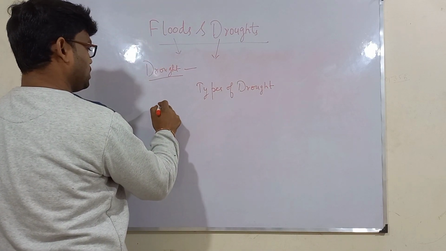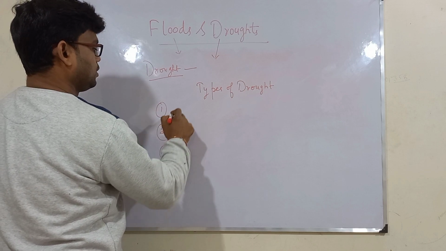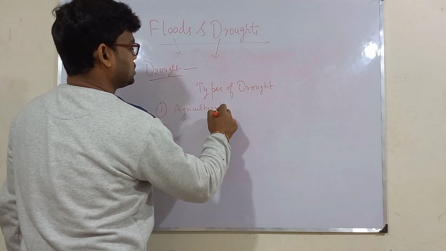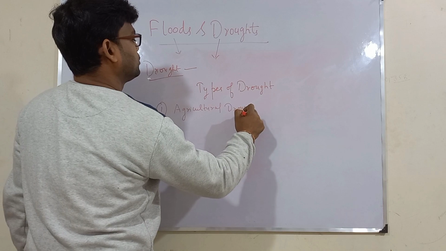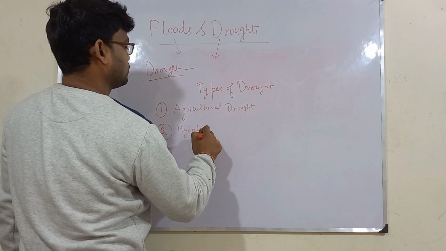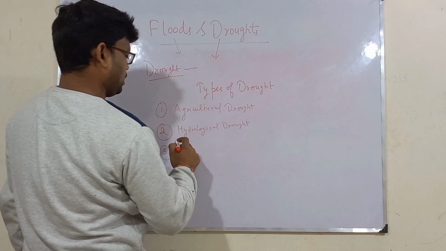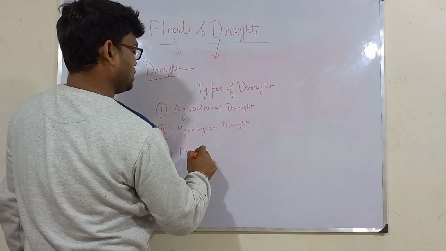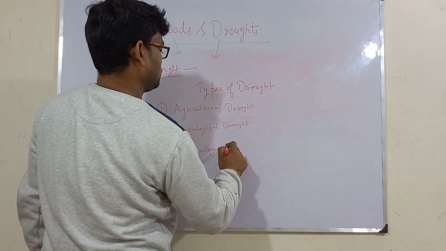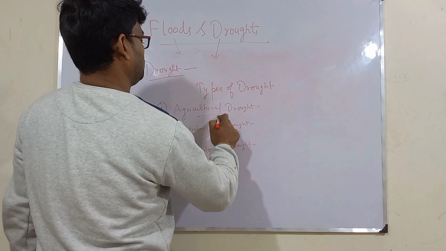So you can note down there are mainly three types. 1, 2, and 3. First one is agricultural drought. Second is hydrological drought. And third one is meteorological drought.